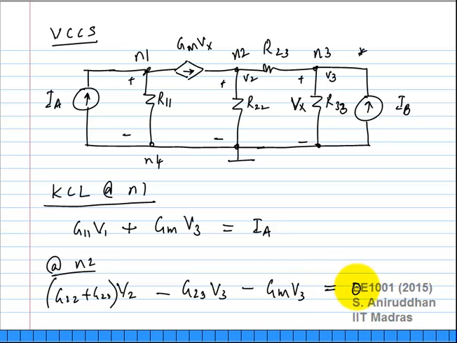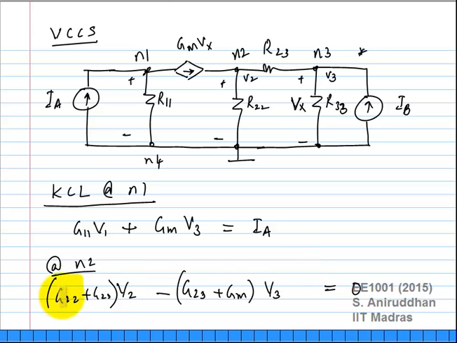And I can also combine these terms together. Correct? So at node 2, if I wrote the KCL, sum of all currents leaving the node, I have V2 times G22, and V2 minus V3 times G23, so that takes care of these terms.